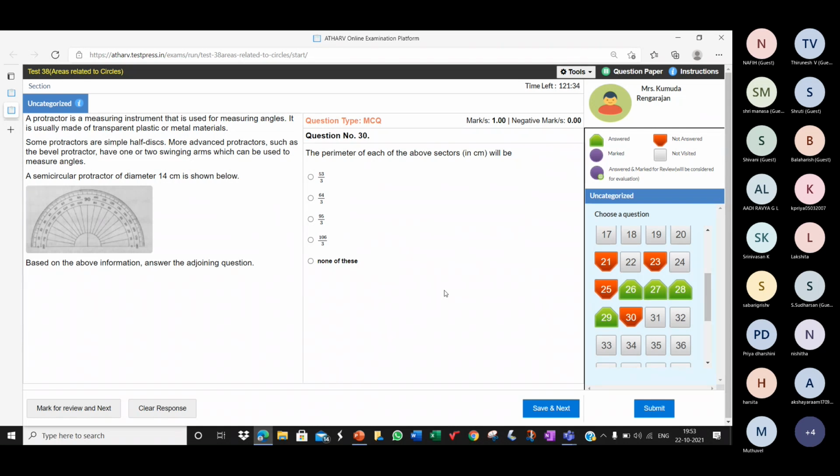So 30 by 360 into 2 into 22 by 7 into what is the radius? 7. So that will give you the length of arc.